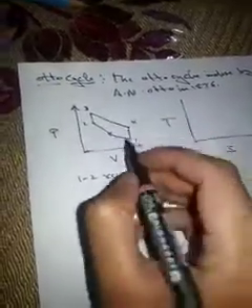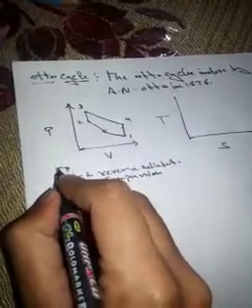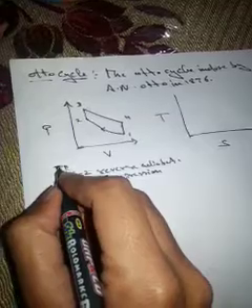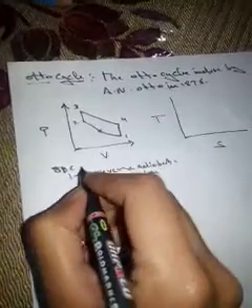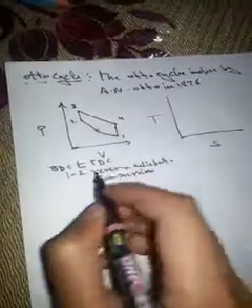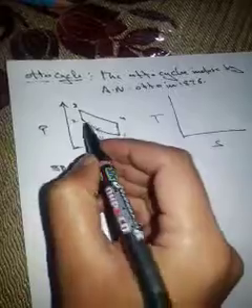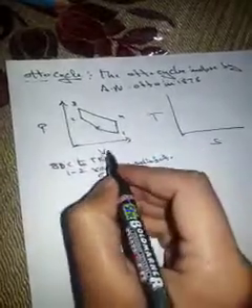Whenever the piston goes from bottom dead center to top dead center, that is reversible adiabatic compression from 1 to 2. The volume decreases in 1 to 2.